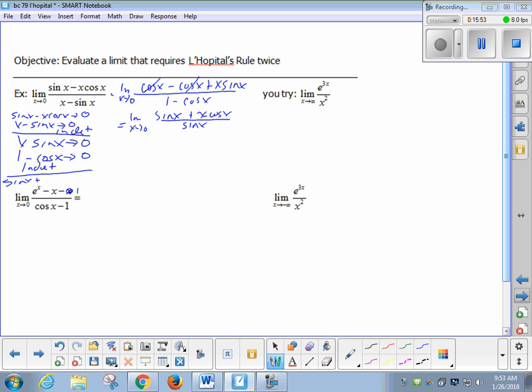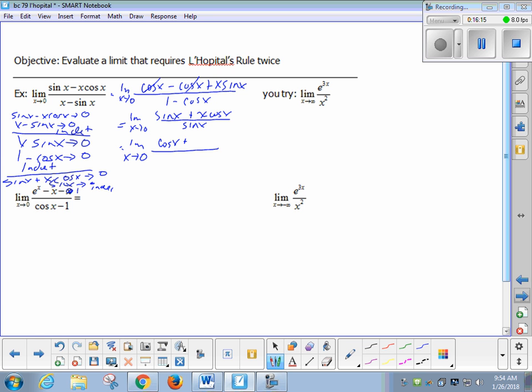We're almost there. Sine of x plus x cosine of x goes to 0, and sine of x obviously goes to 0, so it's still indeterminate. One more L'Hopital. Told you to write small. What's the numerator derivative?